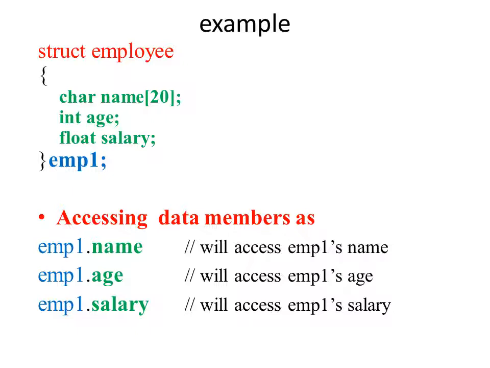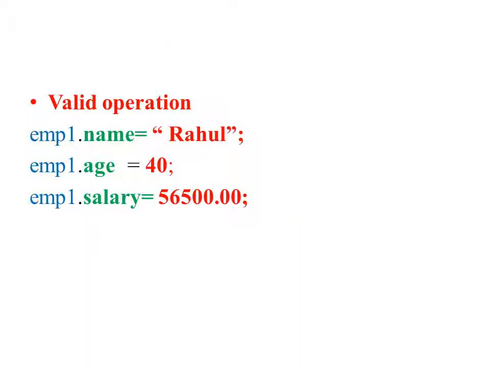So it will access emp1's name. emp1 dot age is useful to access the age of employee number 1. emp1 dot salary will access employee 1's salary. In this way we are able to access the data members with the help of the variable.